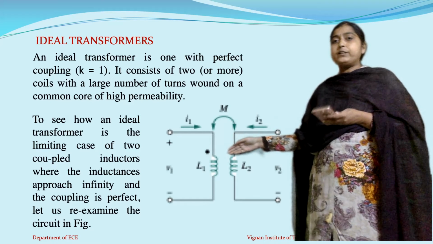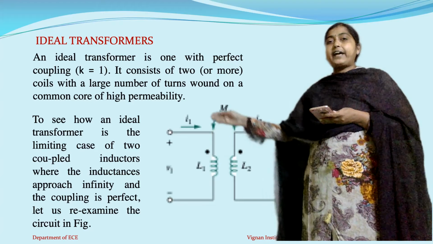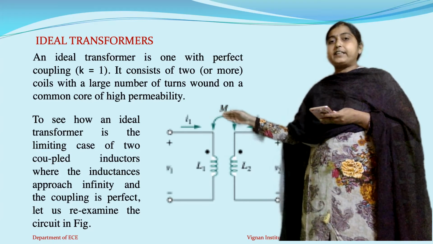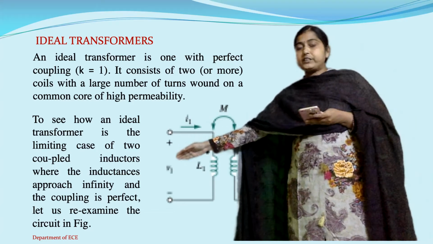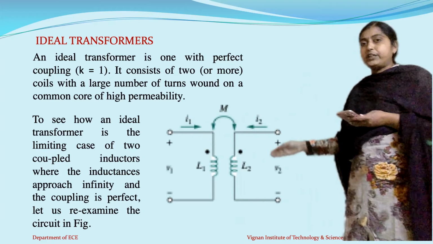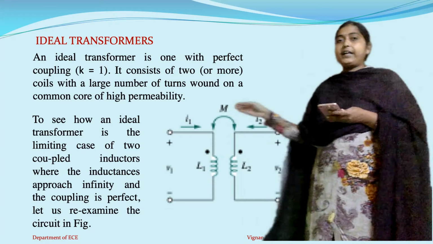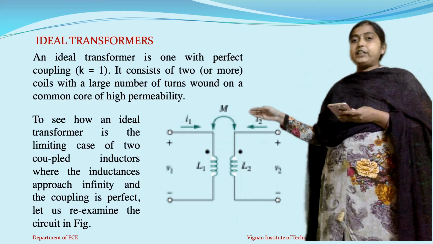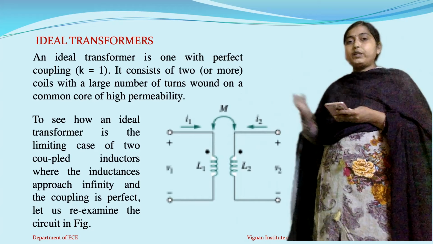The dots are placed to show the direction of the mutual inductance M. The voltage induced on the first coil is V1 and on the second coil is V2. Let I1 and I2 be the currents flowing through the two coils, and M is the mutual inductance.